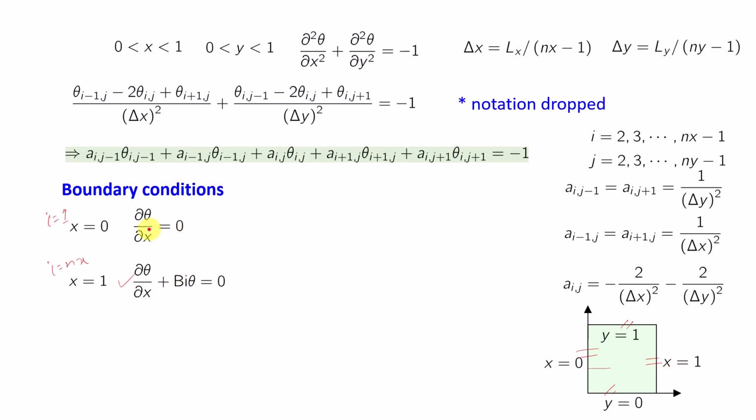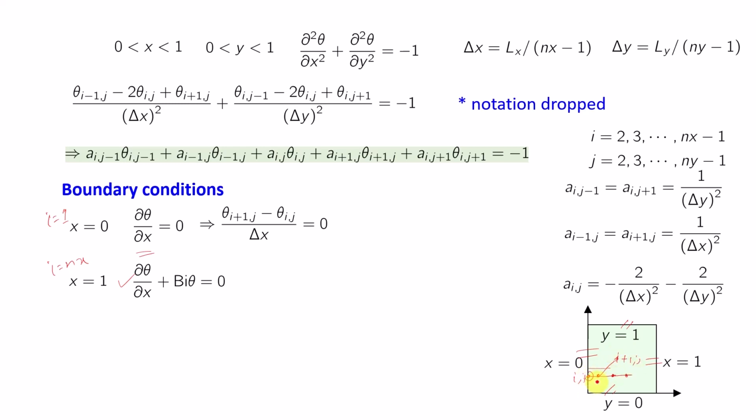So if I take this del theta del x equal to 0 here, I know that here I have i equals 1, and then I'll go in this direction in subsequent grid points. To get this del theta del x at the boundary, the simplest way to do so, and we'll stick to that, is to use theta i plus 1 j, so this is my i plus 1 j, and this is my ij point.